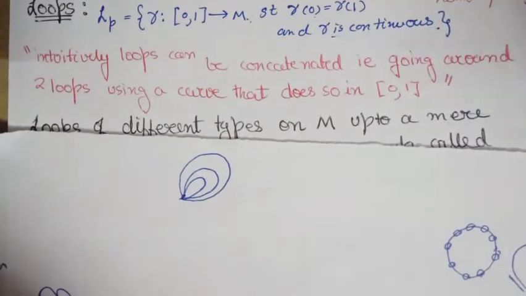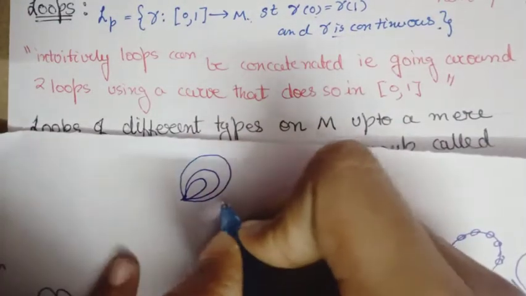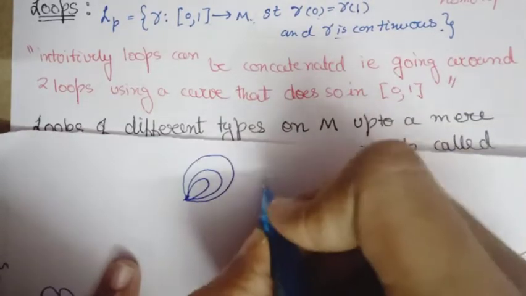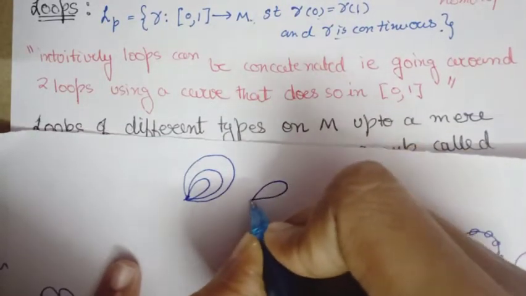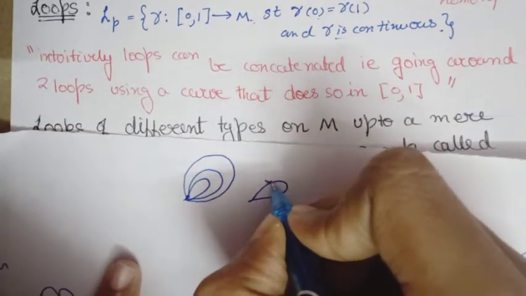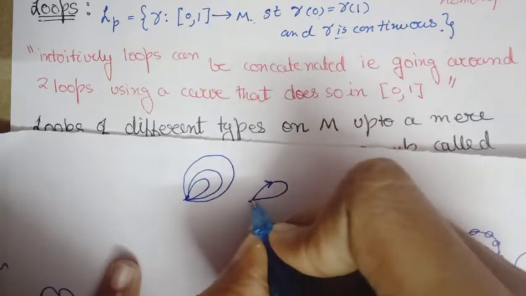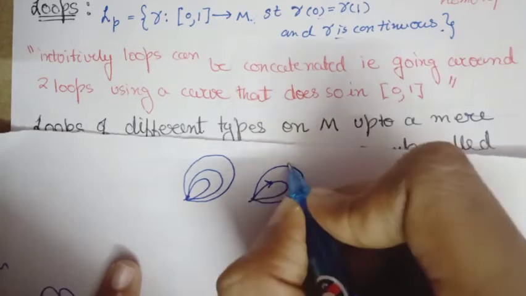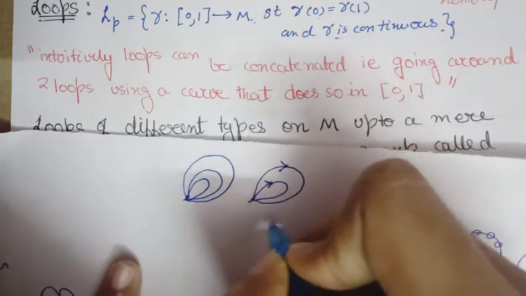Now loops can, first of all, be homotopic. You see, you have this loop and you orient it like this, orientation will matter, and you go around the loop like this.